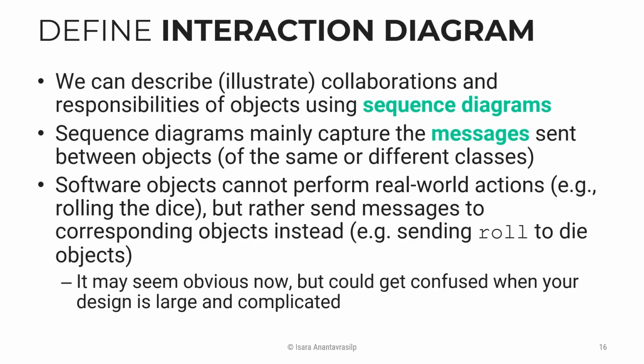We are not using sequence diagrams or pretty much any kind of diagram in UML to explain the actions. When I say the player rolls dice, for example, it means that the user sends the message roll to the object die.